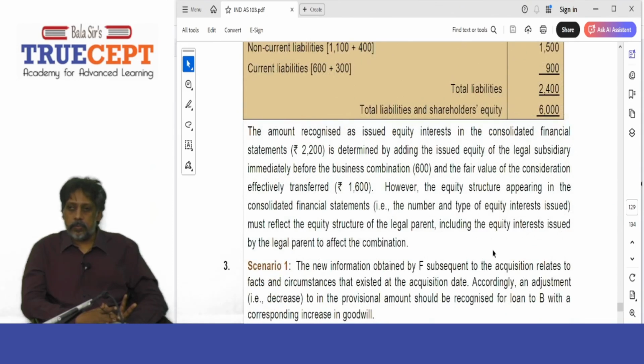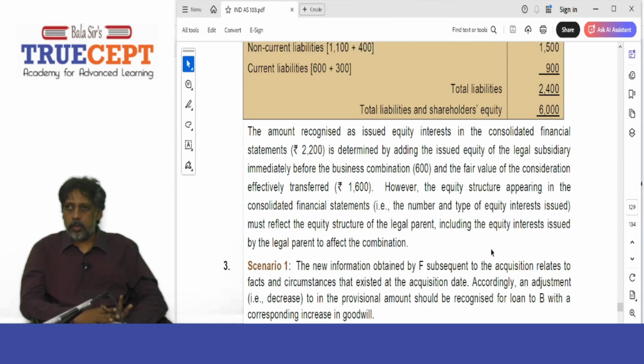The amount recognized as issued equity interests in the consolidated financial statements, 2,200, is determined by adding the issued equity of the legal subsidiary immediately before the business combination and the fair value of the consideration effectively transferred, 1,600. And the number of shares will be 250 shares.